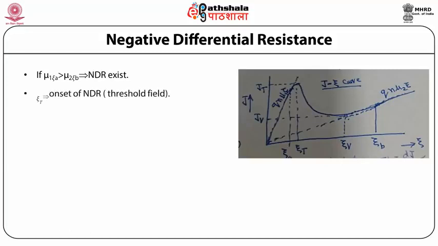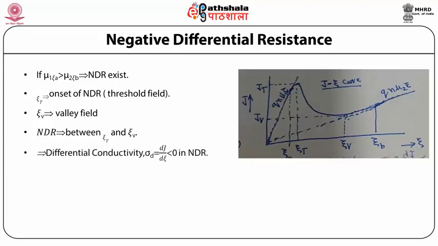Zeta T implies the onset of NDR, that is the threshold field, as shown in this figure. Zeta V here is the valley field. NDR is the region between zeta T and zeta V. This implies the differential conductivity sigma T equal to dJ by d zeta is less than 0 in NDR.